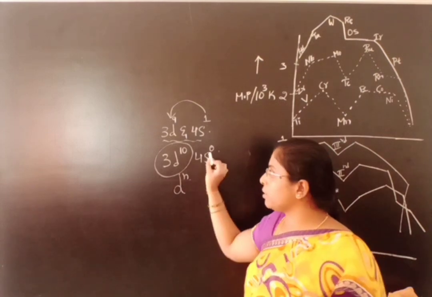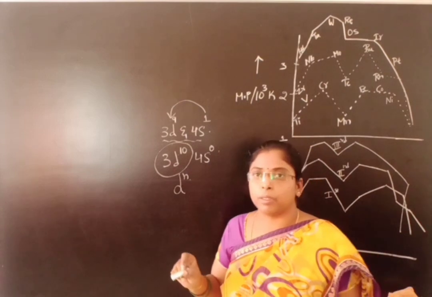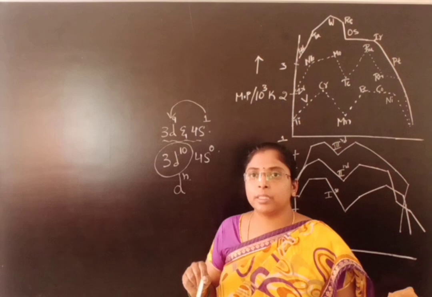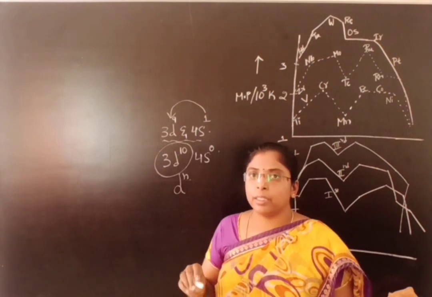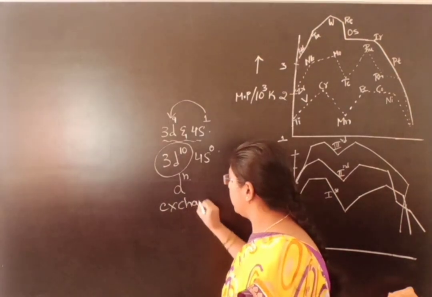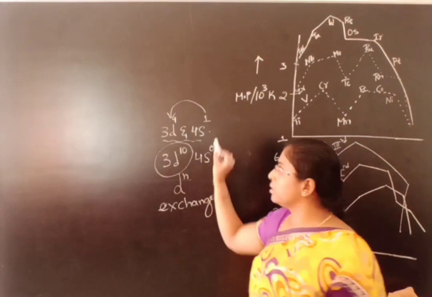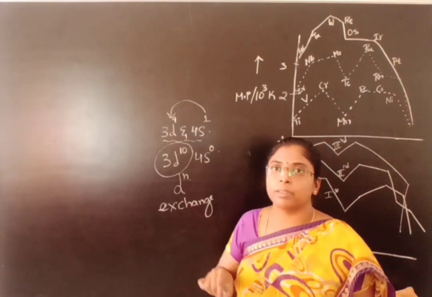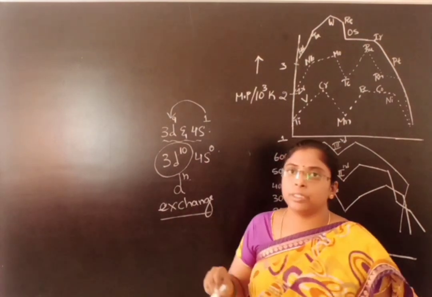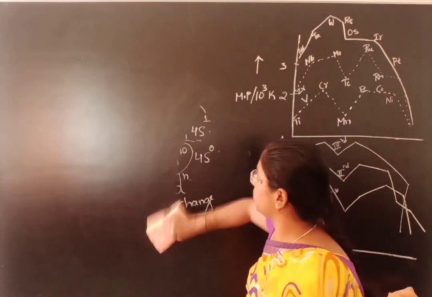When electrons transfer from one orbital to another during this reorganization, a small amount of energy is released, and this released energy is known as exchange energy. What is exchange energy? During the reorganization of electrons, energy is released, and this energy is known as exchange energy. In one more question you get: what is exchange energy?